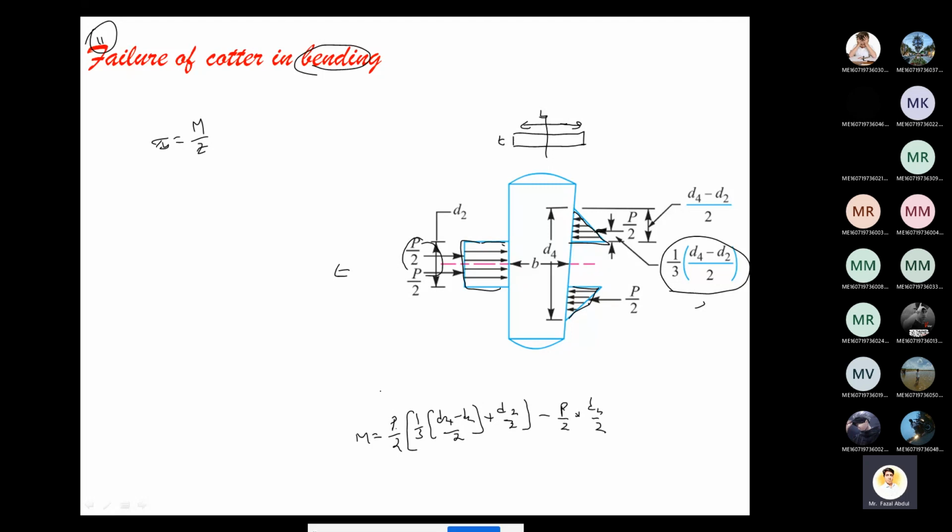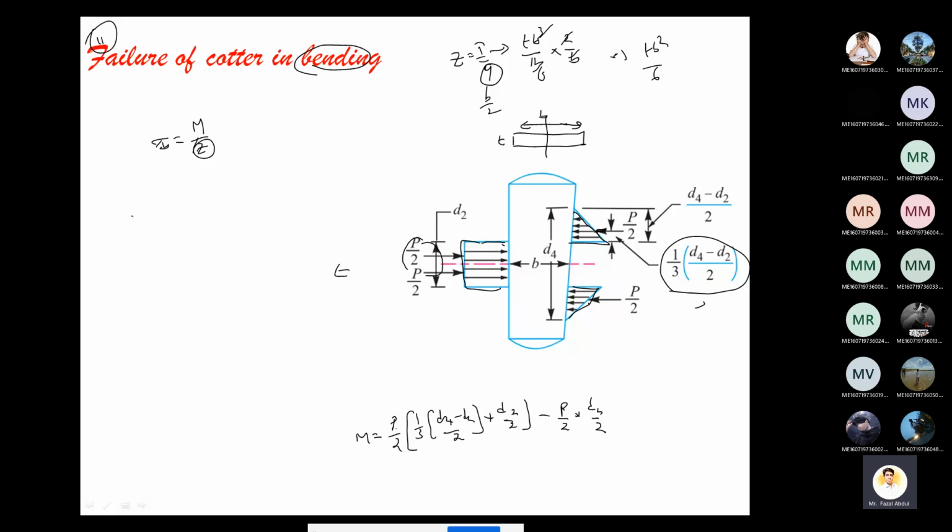This is the bending moment. Now, what is the section modulus? Section modulus means I by Y. I is the area moment of inertia, that is T into B cube by 12. Y is B by 2, so 2 by B. So 6, this is a square, that is nothing but T B square by 6.